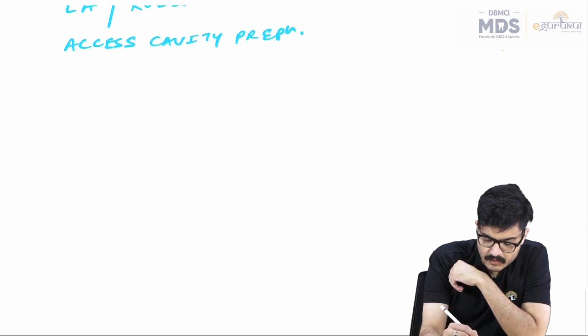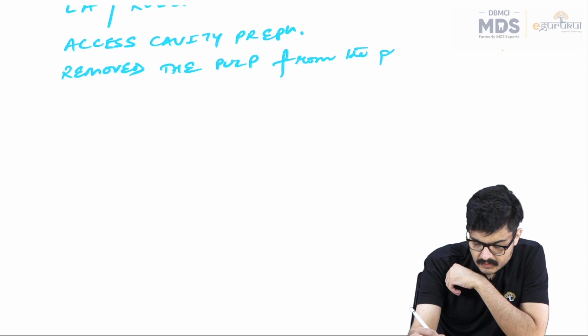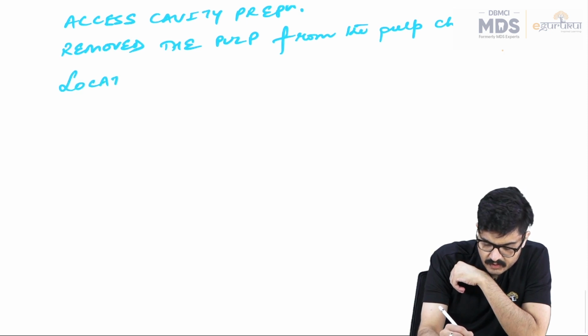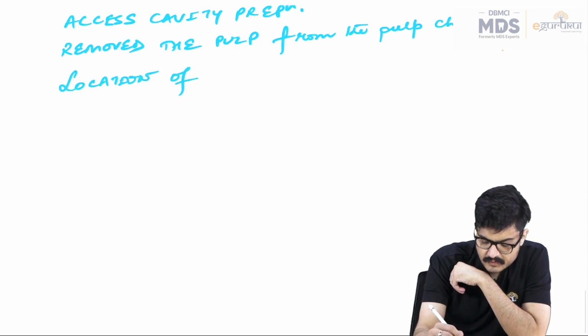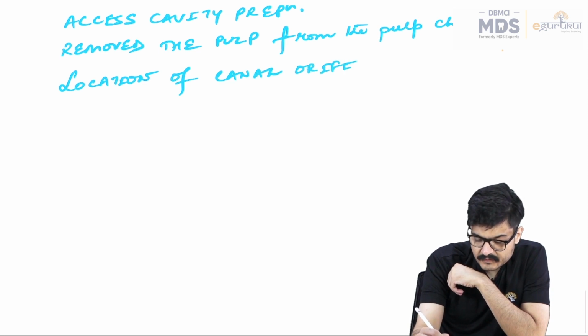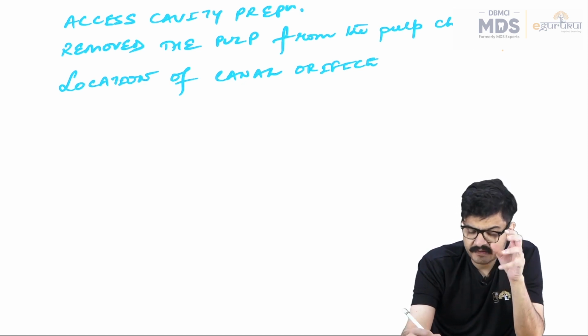We have removed the pulp from the pulp chamber. Right? Then we have located the canal orifice with our endodontic probe or explorer, that is with DG16.